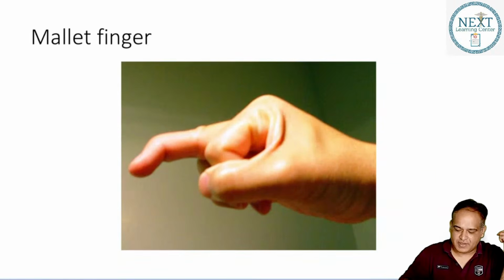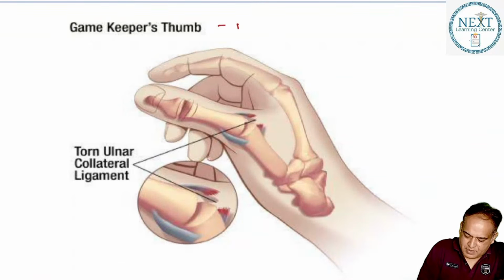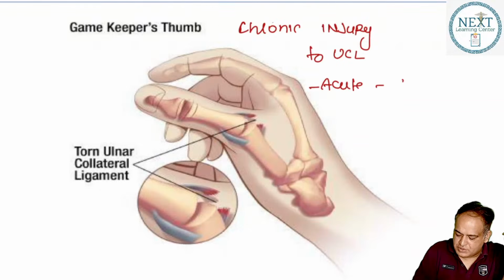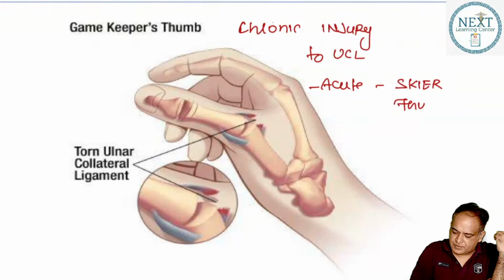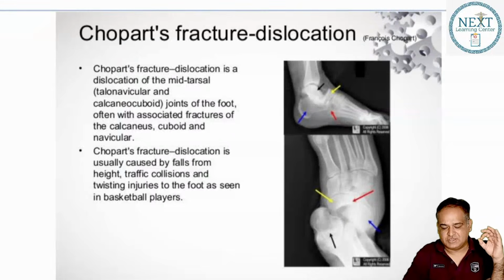Mallet finger. Gamekeeper thumb. Gamekeeper thumb is not acute. Gamekeeper thumb is a chronic injury to the ulnar collateral ligament. What is the acute injury? Acute injury is called skier thumb, right?